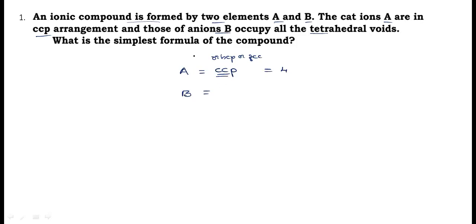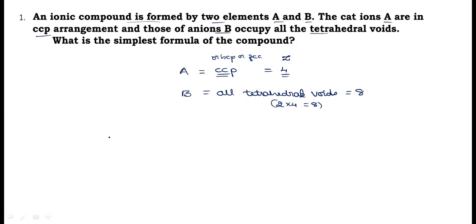And B occupies all the tetrahedral voids. We know that for a given Z value or N value as 4, the number of tetrahedral voids will be 2 into 4, that is equal to 8.